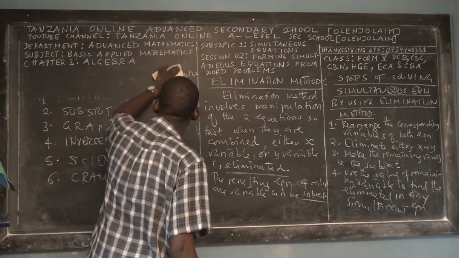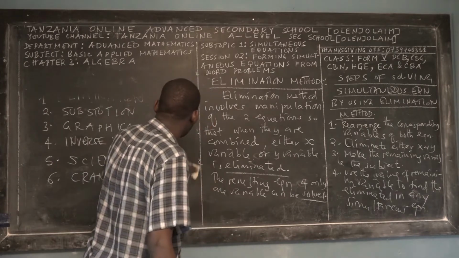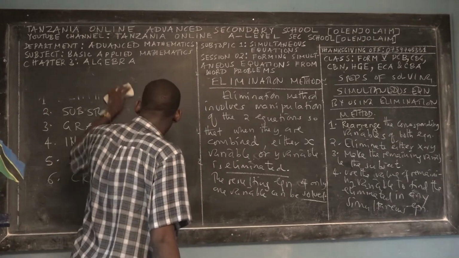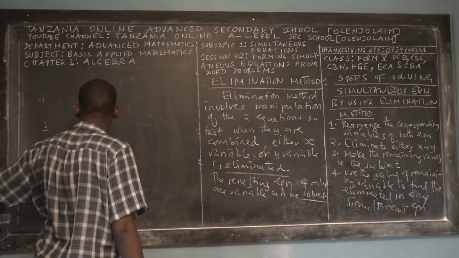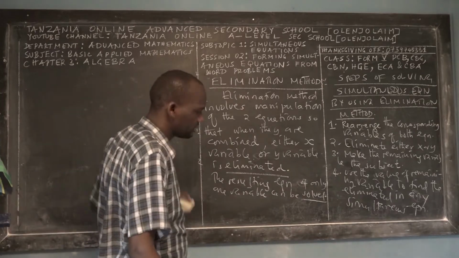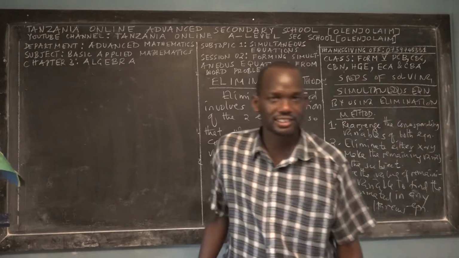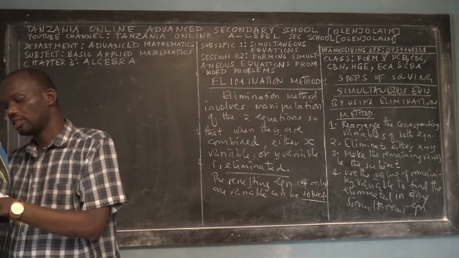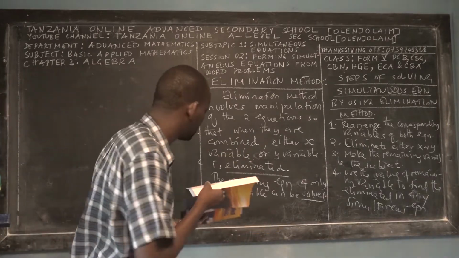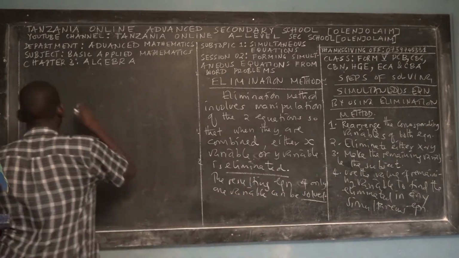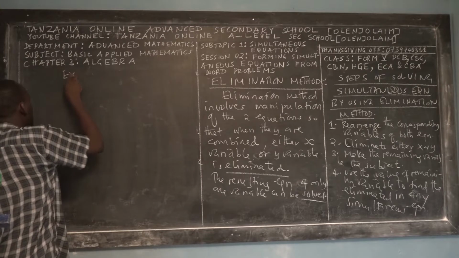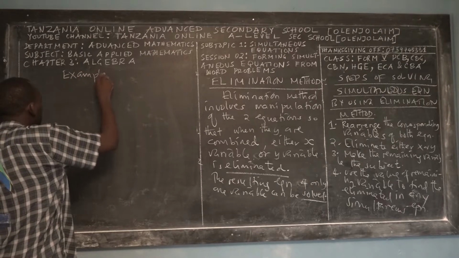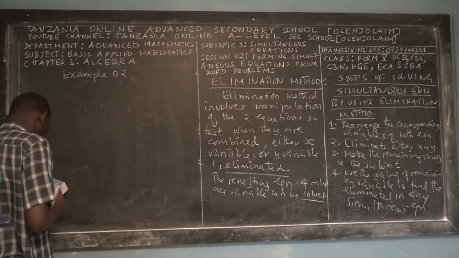So to form a simultaneous equation from a word problem, you have to make sure that you understand the variables and then let them. Okay? Let me give you examples. Because the homework was example 1, this will be example 2.